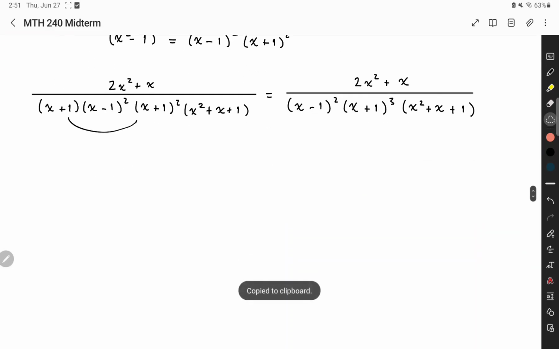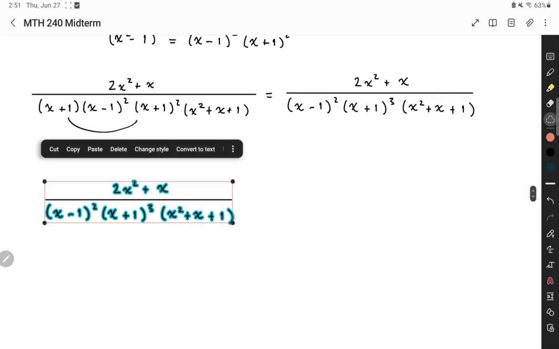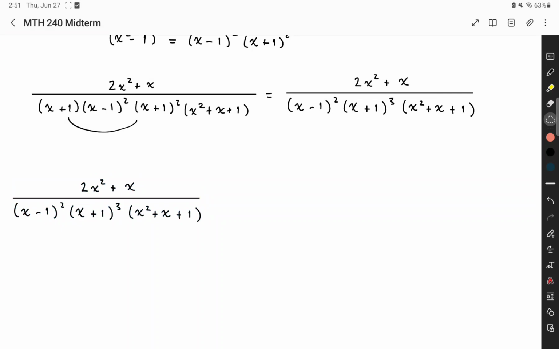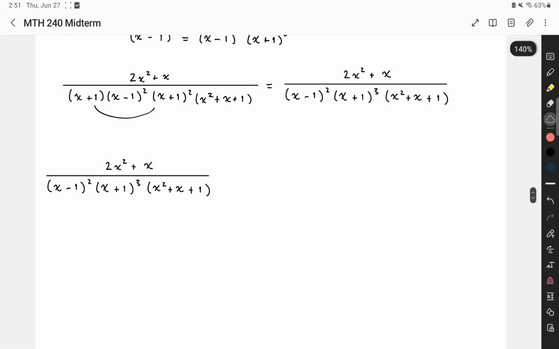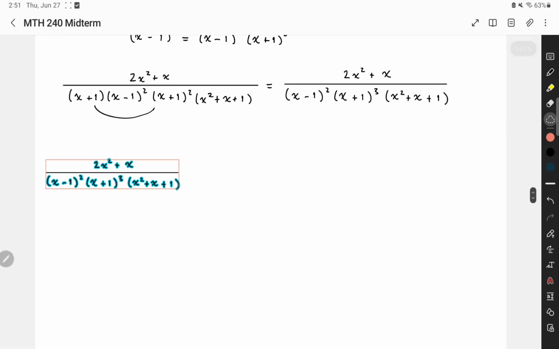Just copy this down. This is going to be quite long. Let's make this a little smaller.